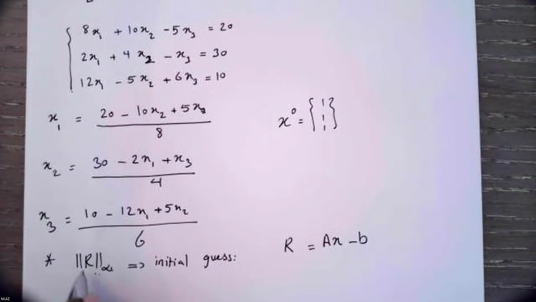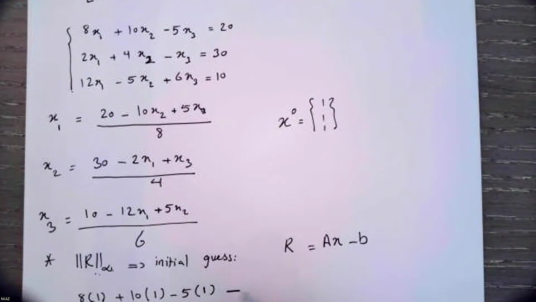We have 8 times 1 minus b. This is equation 1. The answer is negative 7.